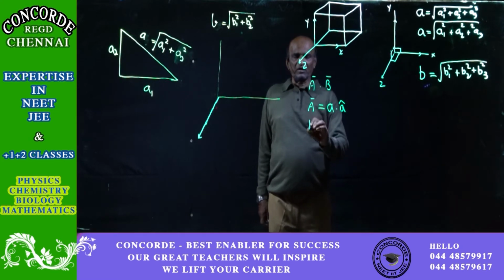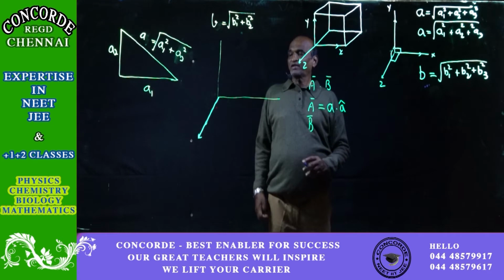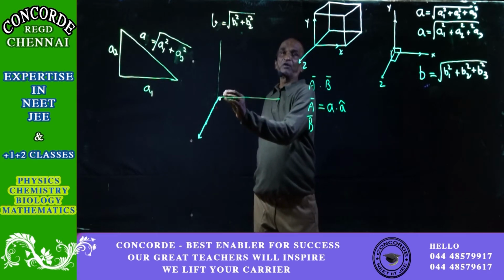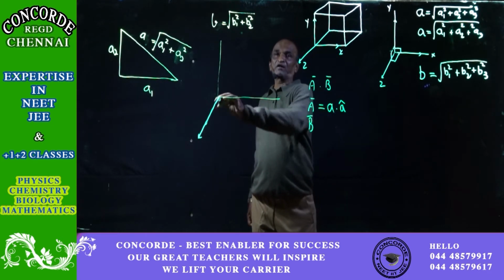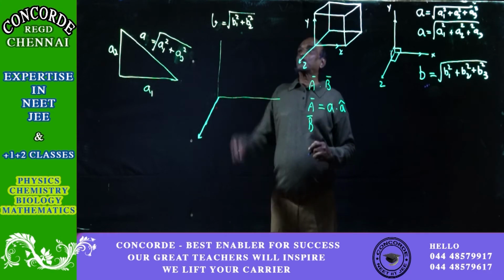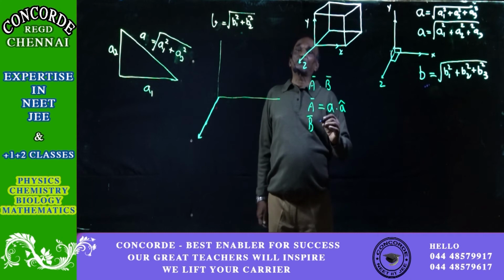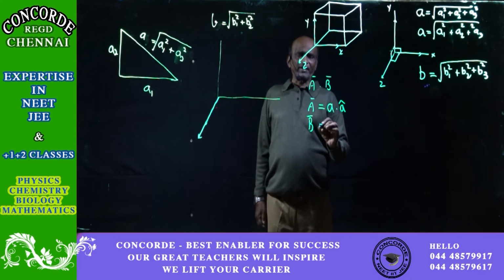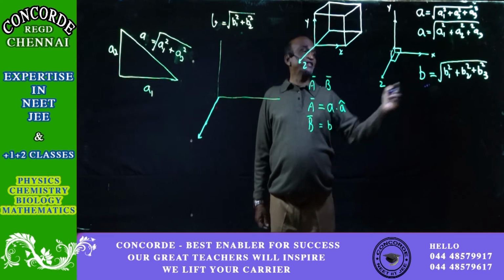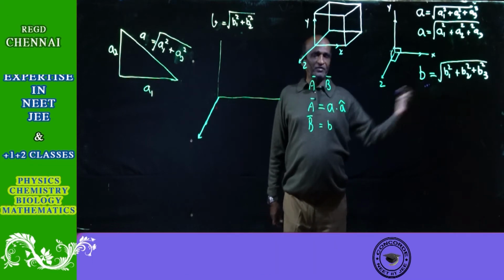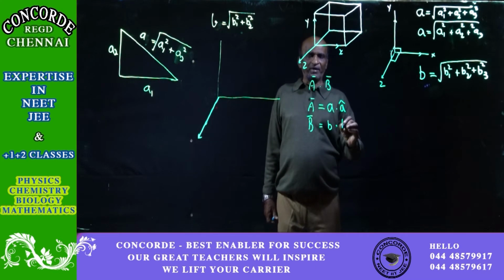And for B, the vector B bar, think that this is vector B bar now. So, B1, B2 and B3. Like how square root of, in the same manner here also, this will be equal to B, and that B, which is the magnitude alone, is so much multiplied by B cap.